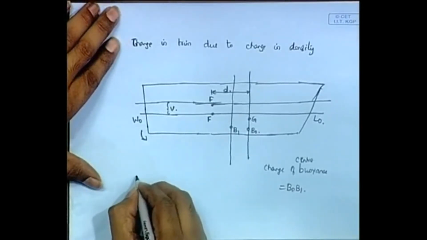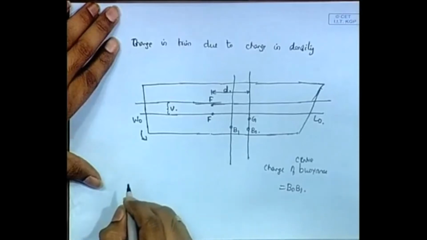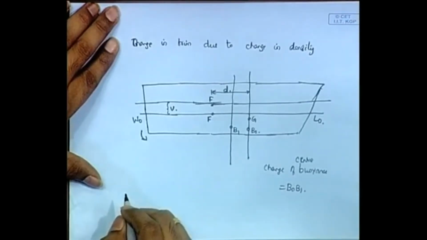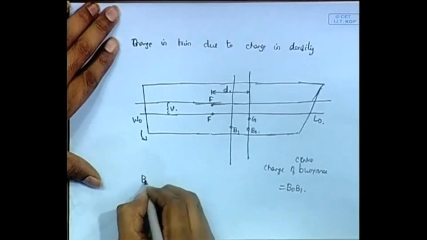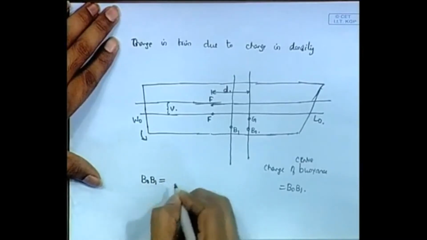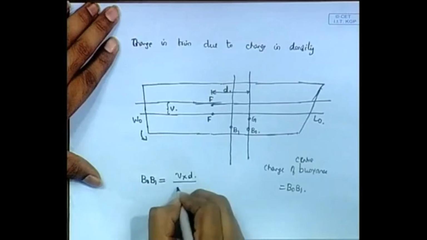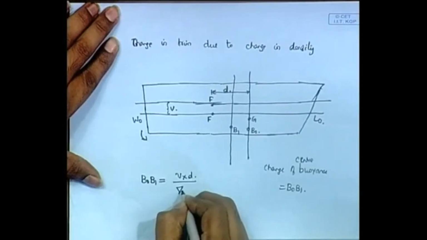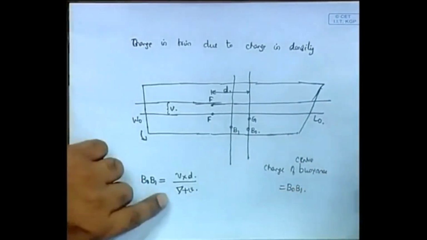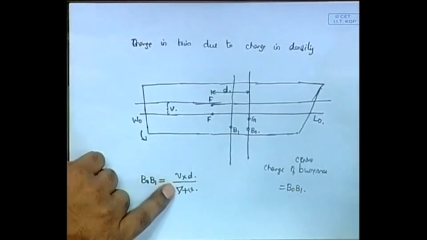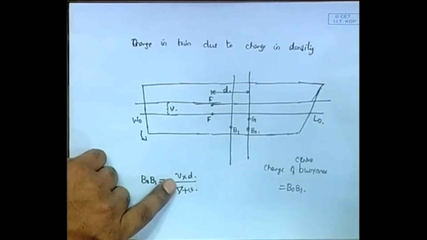Okay. Now what is the distance through which the center of buoyancy has moved, B0 B1 will be equal to, let me see this, 1 minute. That means a small volume V is added at a distance d.